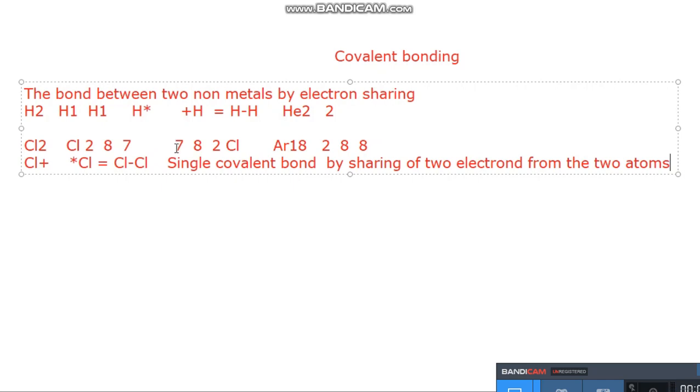So the first chlorine gives one electron from the 7 electrons, and the second one also gives one electron from the 7 electrons. These two electrons are called bonding electrons. What are bonding electrons? Who can define the bonding electrons?